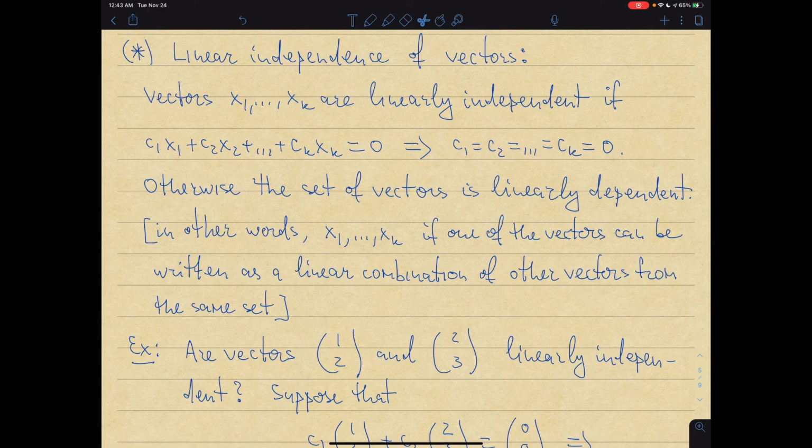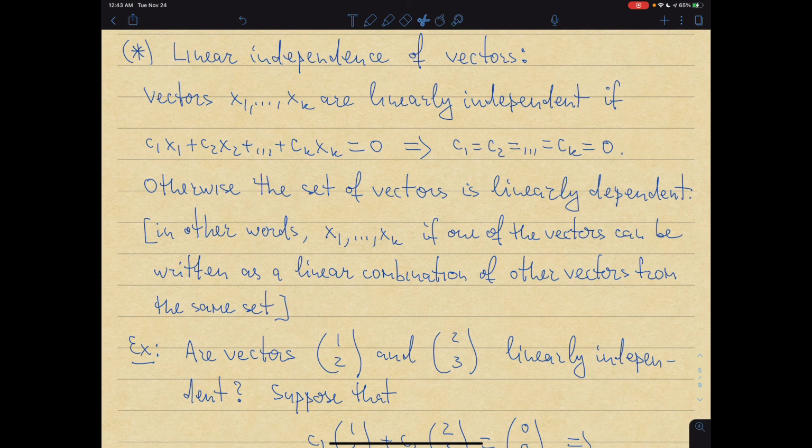The next thing that we discussed for regular ODEs was the notion of linear independence. There it was the notion of linear independence of scalar functions. Now it should be a notion of linear independence of vector-valued functions.